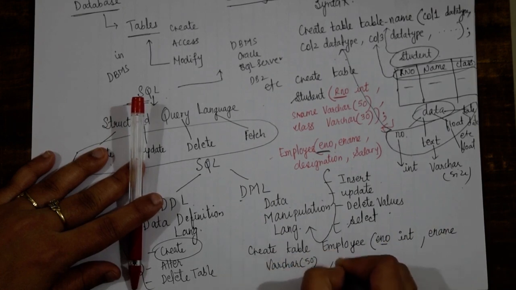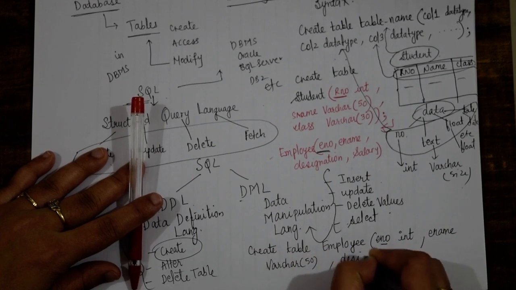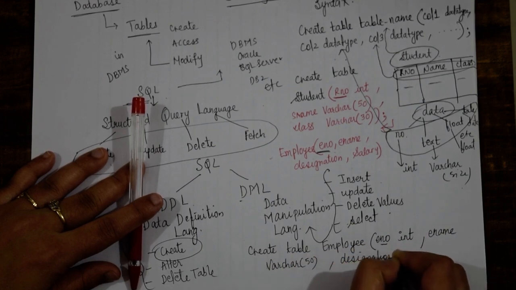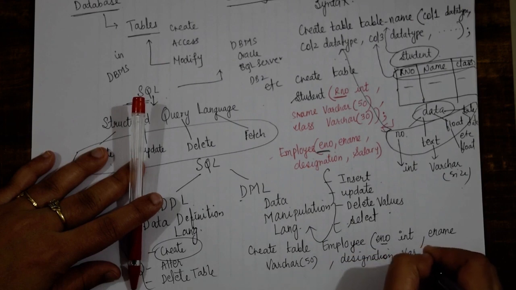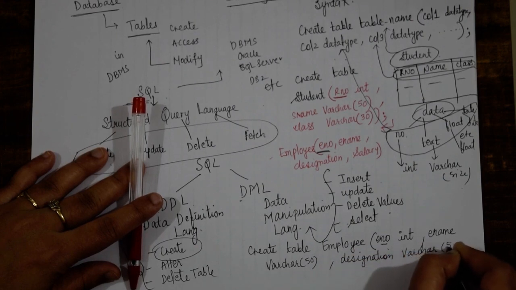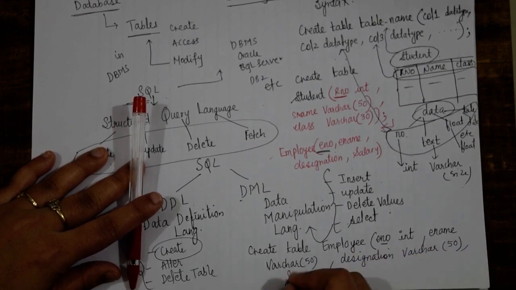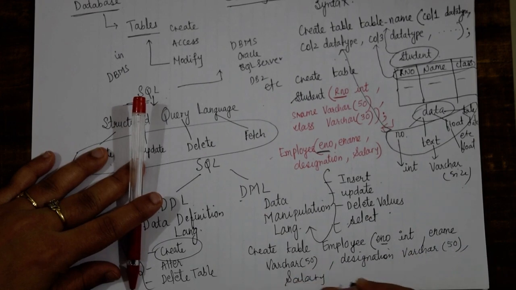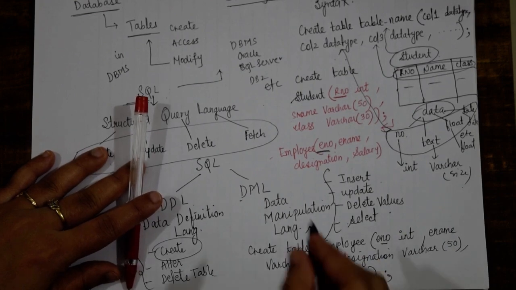Then we have designation, again data type is varchar. Then we have salary, for this I am taking float. Bracket close and semicolon.